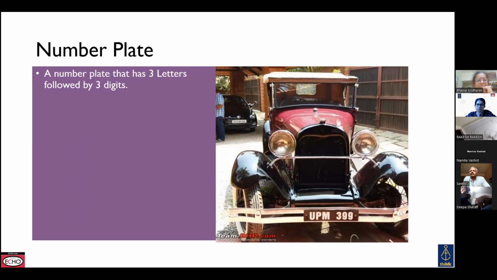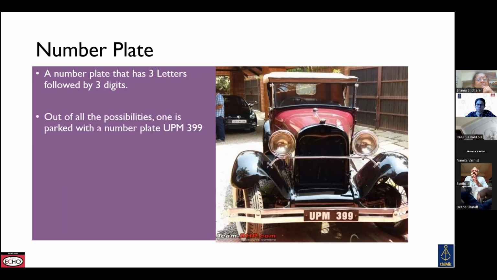So if there is a number plate that has 3 letters followed by 3 digits, you can see that here. The next is, if this is one of the possibilities of all the numbers that are possible, first let's understand how many different possibilities there are.